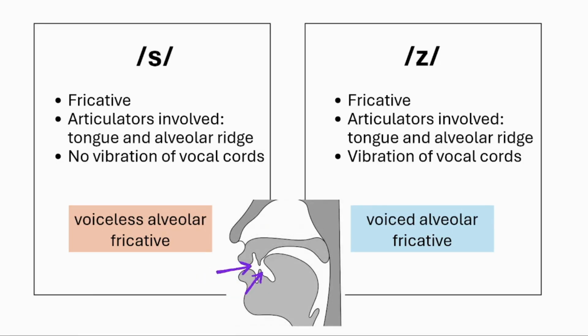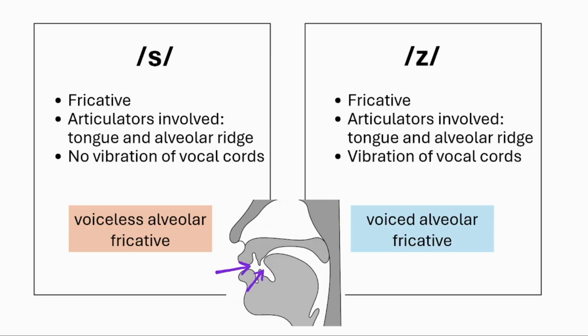In the articulation of the next pair of fricative sounds, the organs involved are the tongue and the alveolar ridge. Remember that the alveolar ridge is that bump behind your teeth, that hard structure behind your teeth. So that is why they are called alveolar fricatives.